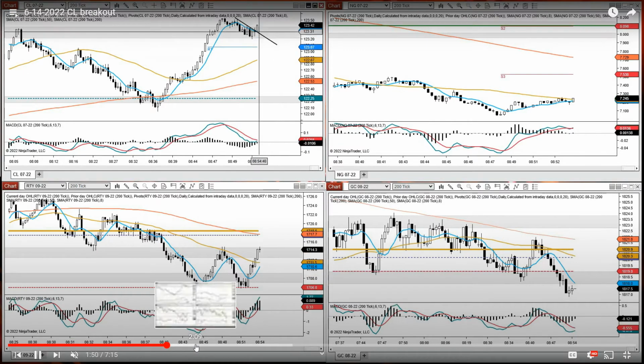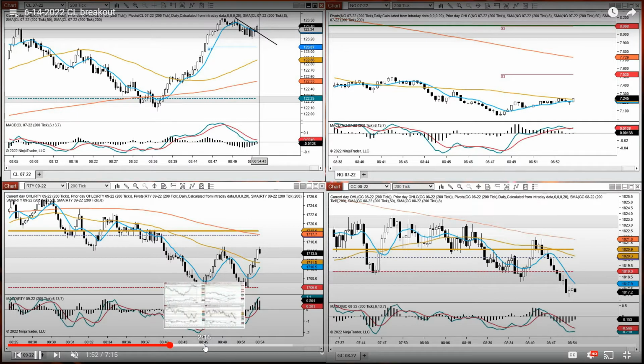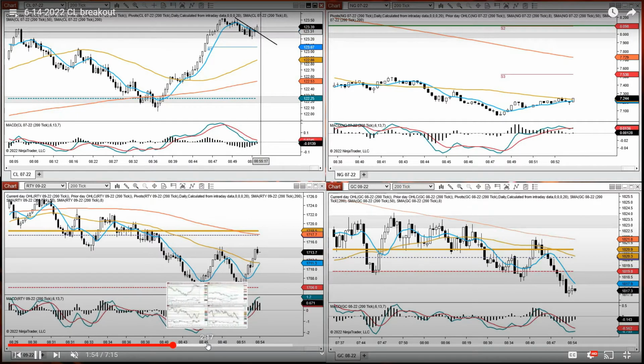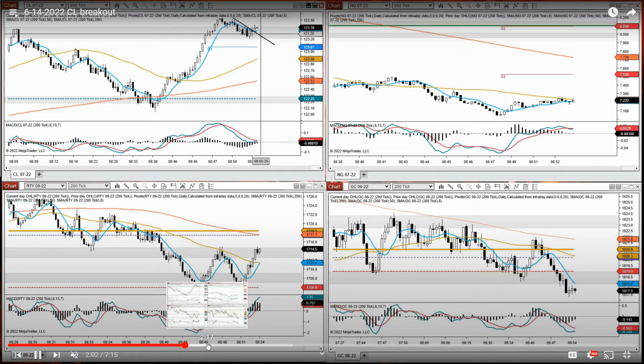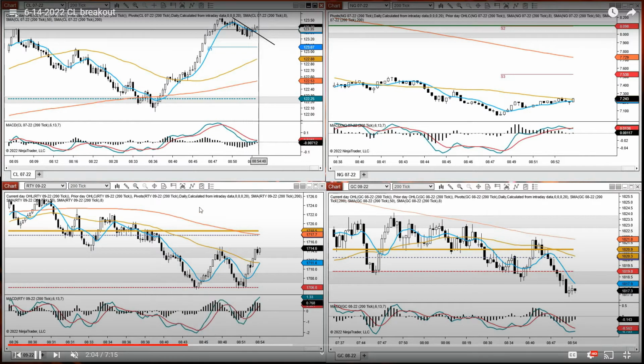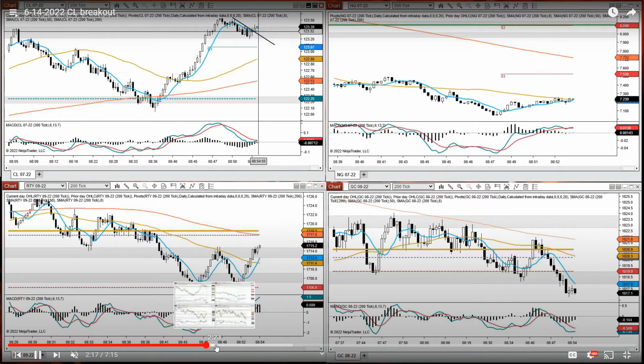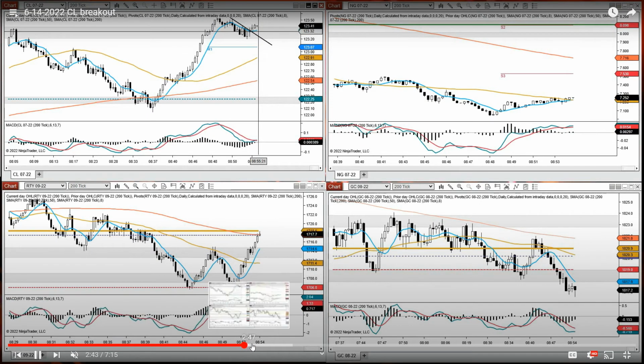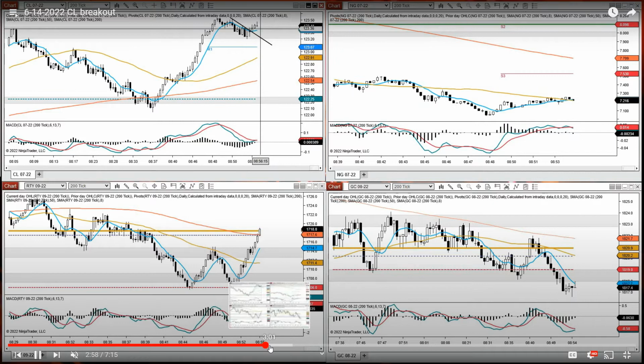So I'm going to fast forward it. As you can see, I draw my down trend line. Naturally, on the pullback, I will be waiting on the break above that line, then I will be in right now. But I was actually trying to take this as a breakout trade. That's why I named it a breakout. I'm going to fast forward this because this is a 7 minute long video.